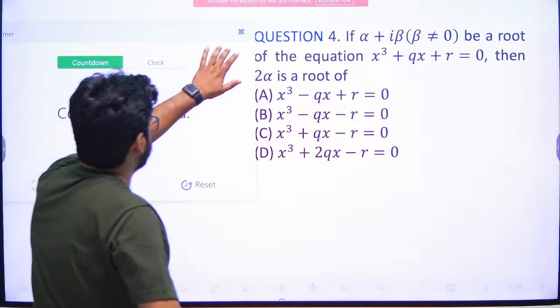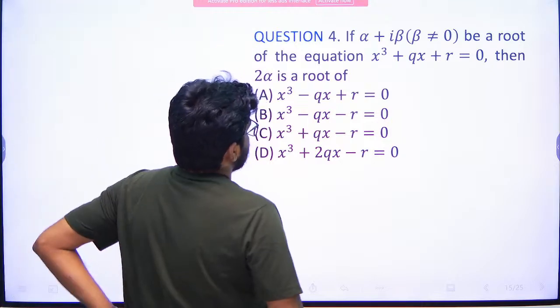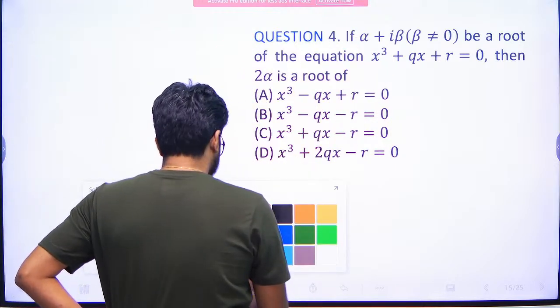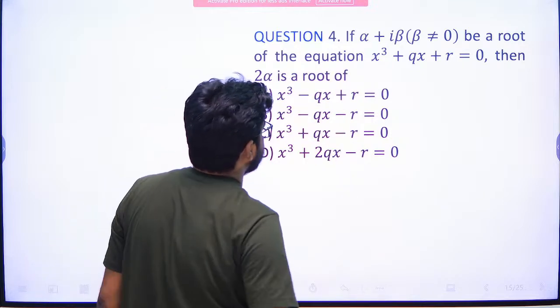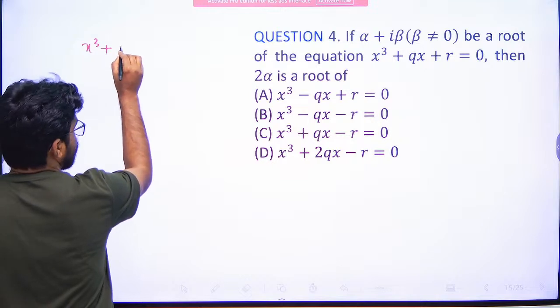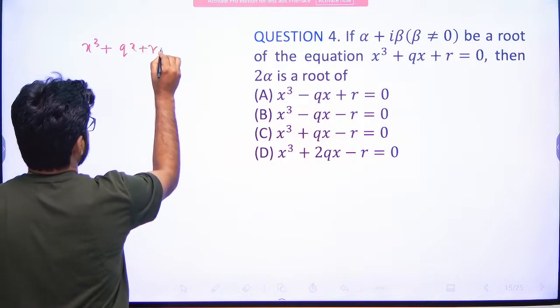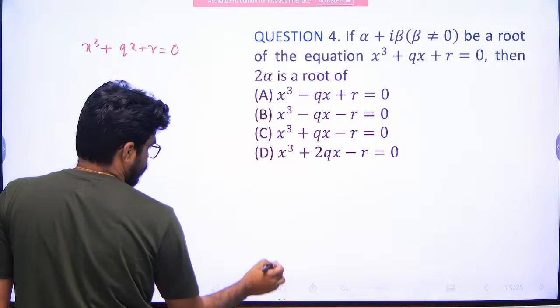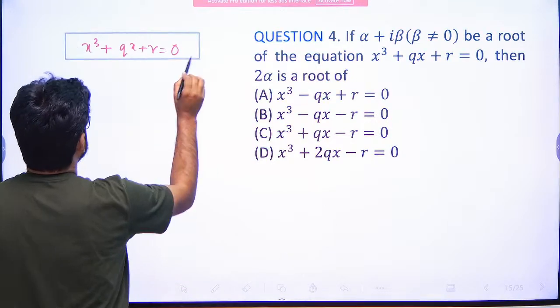Okay, so what is given here? It is given that alpha plus i beta is a root of this equation x cube plus qx plus r is equal to 0. So this is a cubic equation, so it has 3 roots.